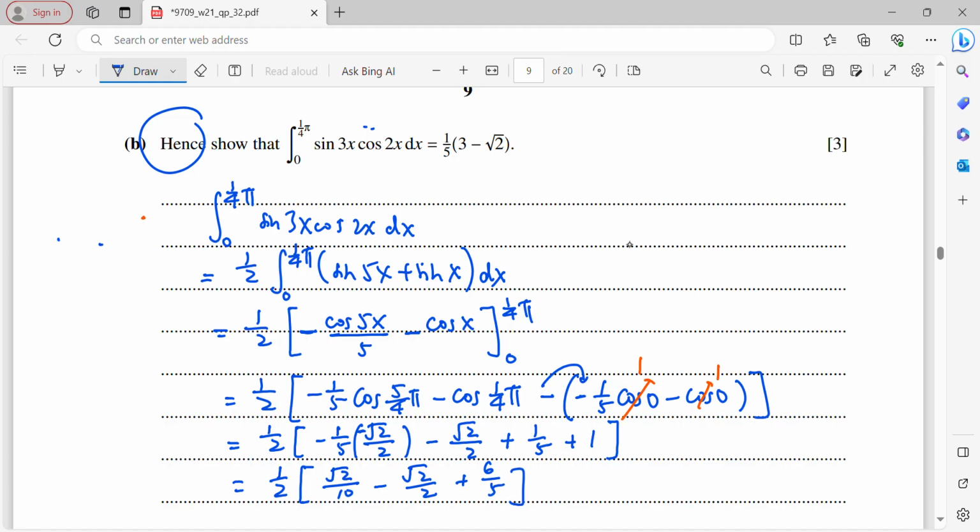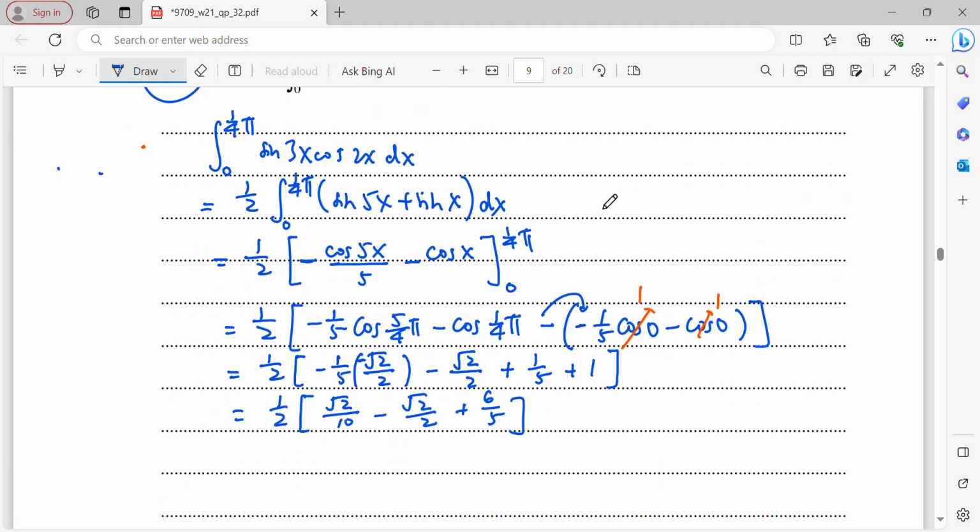And now we need to prove this. Okay, so we should have over 5. So what to do is, you make it to the same denominator first. So half over 10, which means I'm getting root 2. And then for the second term, I need to times 5 and over 5. So when I times 5, I will get 5 square root 2. Then here plus 6 over 5.